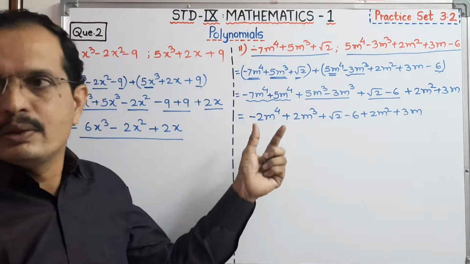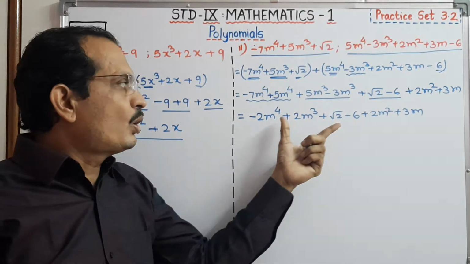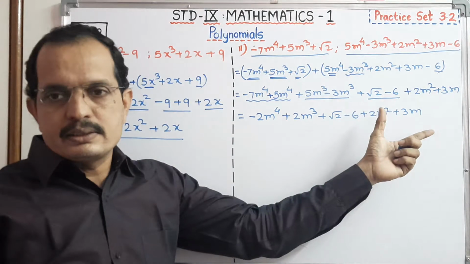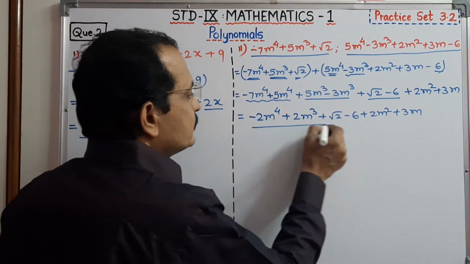Here student, we can leave it as it is, or we can arrange the terms in descending order of their indices, that is, in standard form. Now this is the final answer.